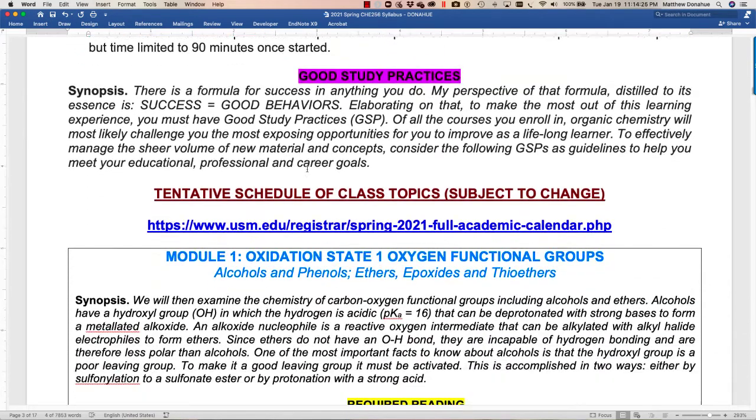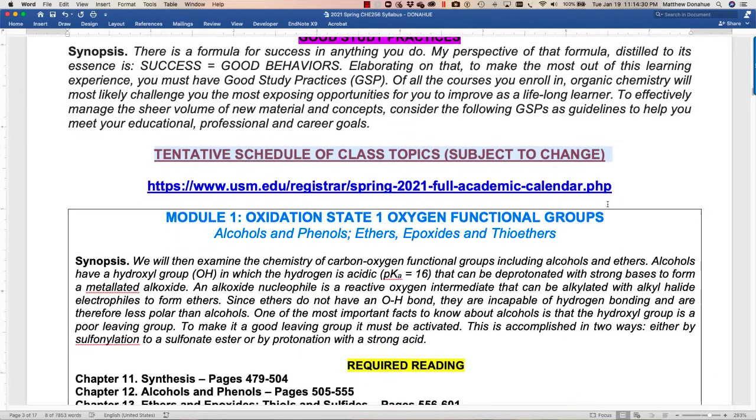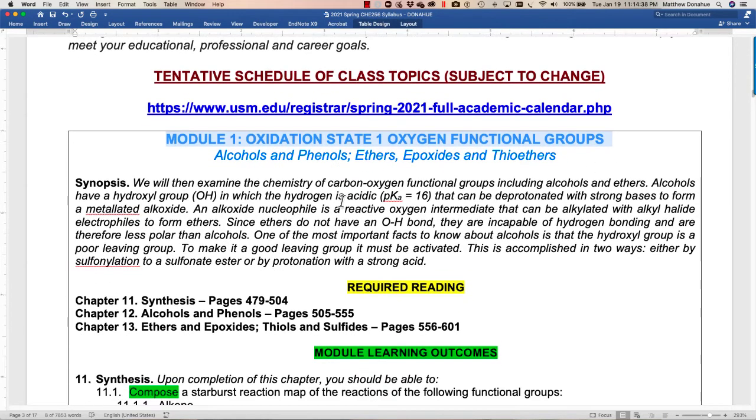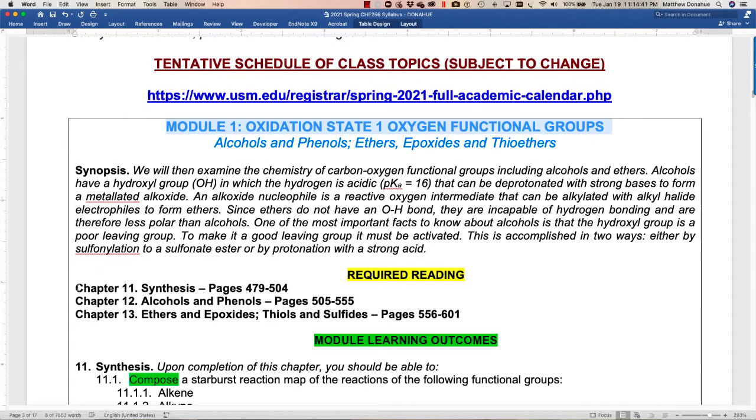Here's the tentative schedule of class topics, subject to change. Module 1 is oxidation state 1, oxygen functional groups. We're going to be looking at chapters 11, 12, and 13 for module 1.